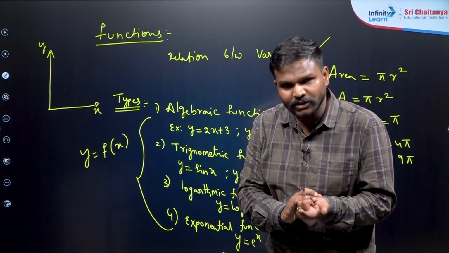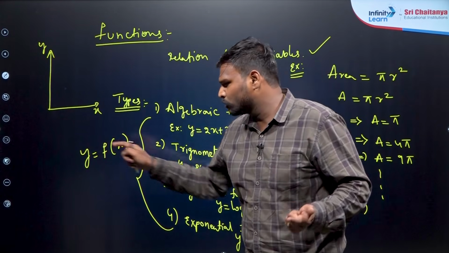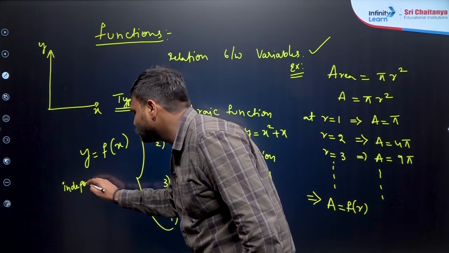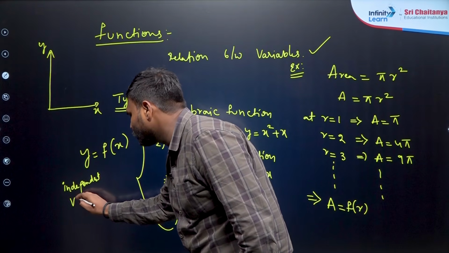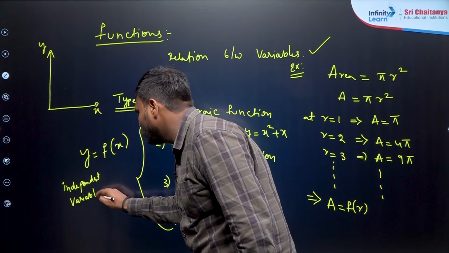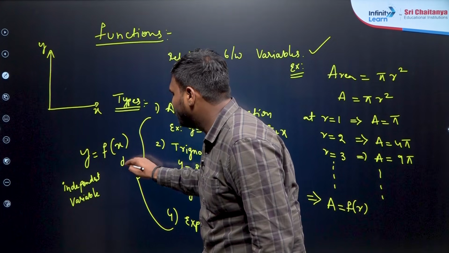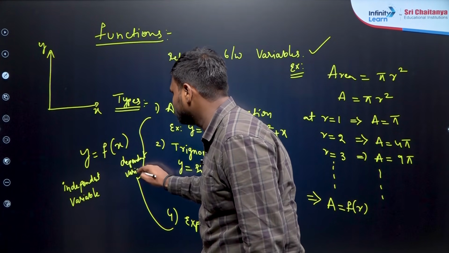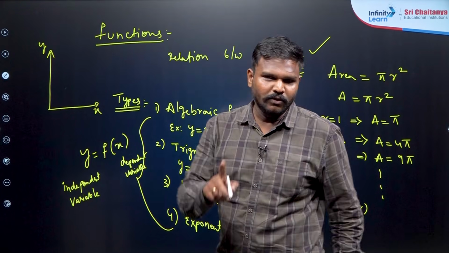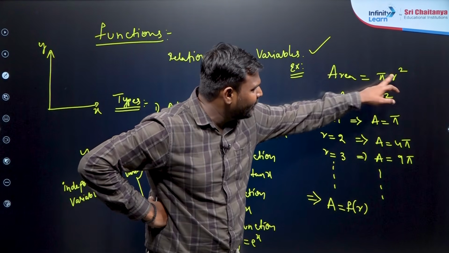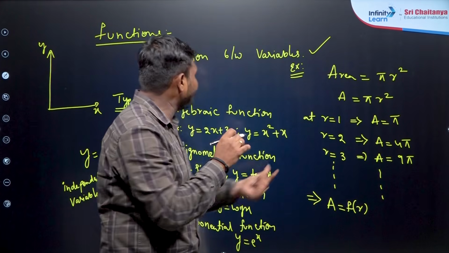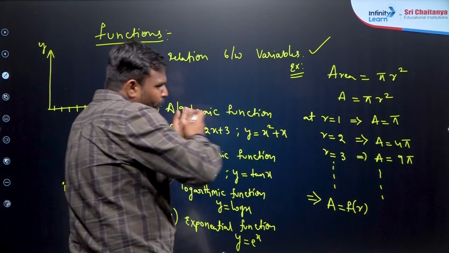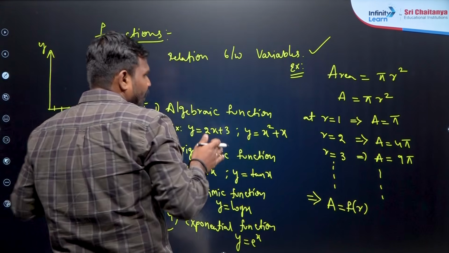There are different types of functions, but the left hand variable is called the dependent variable, and the right hand variable is called the independent variable. Why? Because if you focus here, the right hand side I will change at every point, 1, 2, 3, 4, 5, 6, from 0 to plus infinity I can go, minus infinity I can go.